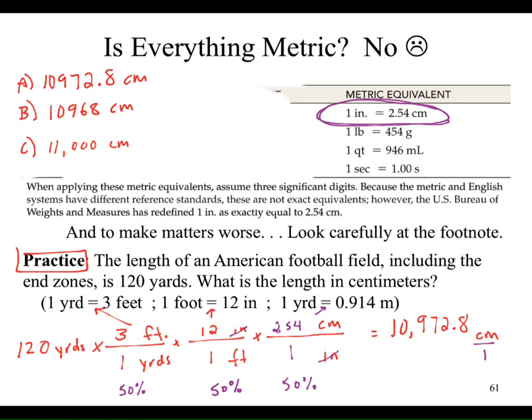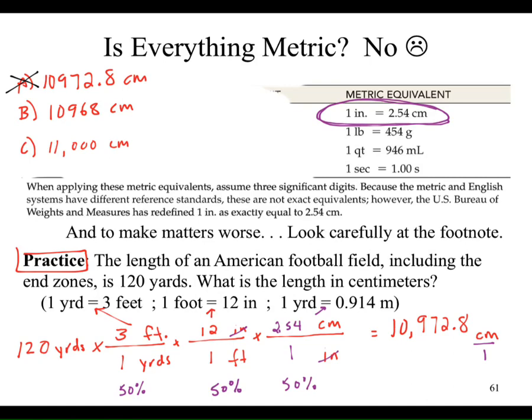Okay? And you might go through and look at this and say, well, the answer is clearly 10,972.8 because that's what the calculator spit out with the work that Mike has shown. Okay? Unfortunately, that answer is wrong. The next answer on our list, 10,968 centimeters. Believe it or not, that is a possible answer.